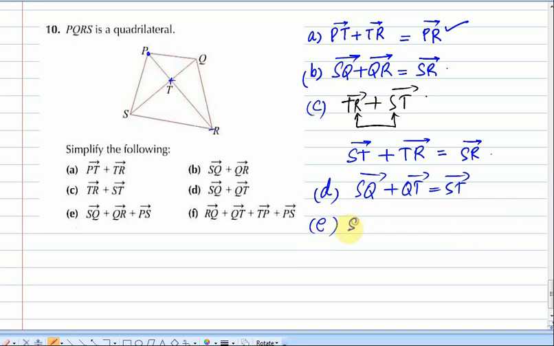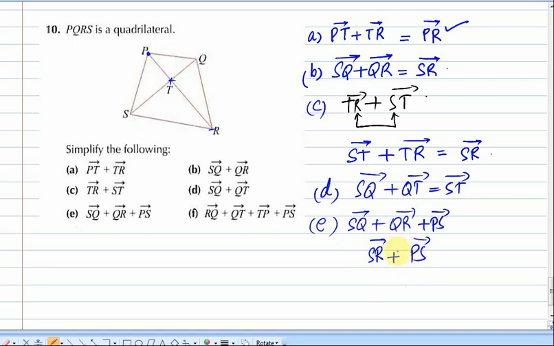Then the question says SQ plus QR plus PS. Now at first when you observe the question, you say, sir, it is easy, because SQ plus QR will be SR plus PS. Now most of you get stuck at this point, but the concept remains the same.